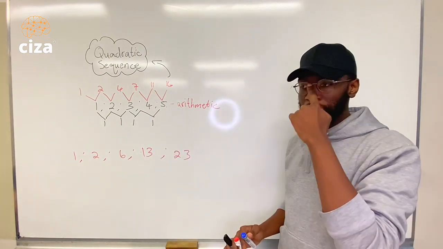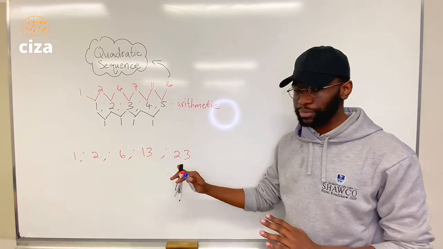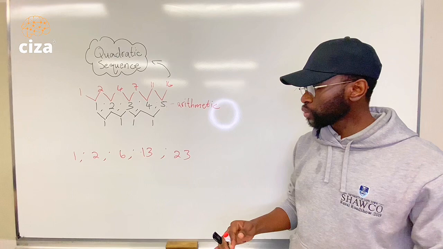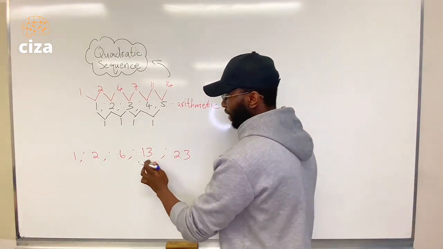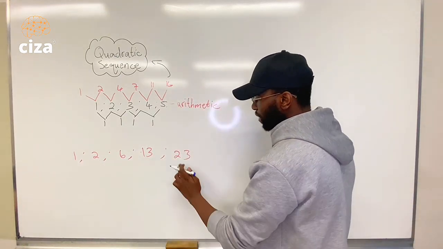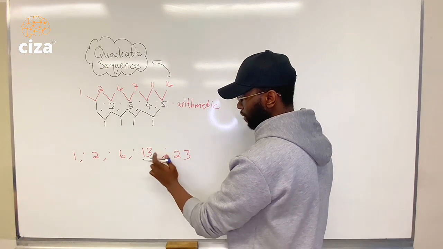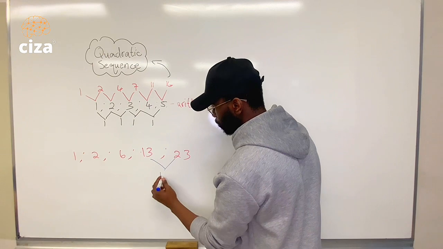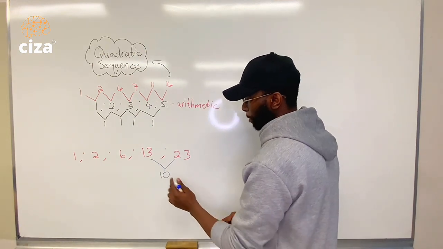So far, to check what type of sequence we have, we check the difference. Let's do that here. To find the difference, we take the following term and subtract the previous term. So 23 minus 13 will give us 10.